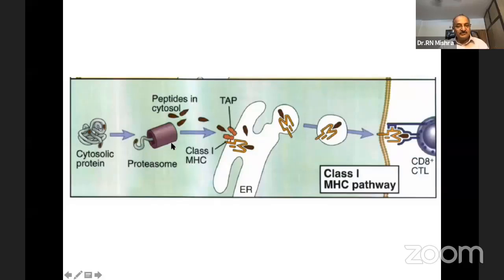So cytosolic proteins are degraded by the proteasome into small peptides, with transport associated protein they gain access into the endoplasmic reticulum, get into the groove of the MHC, and through the Golgi apparatus, are presented to the CD8.